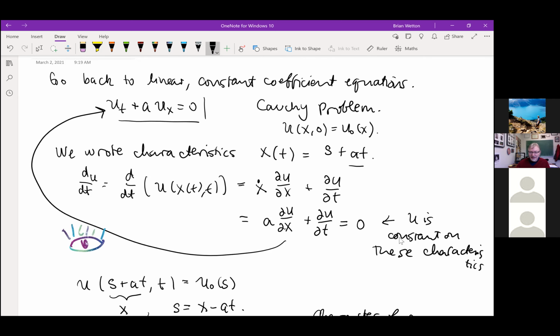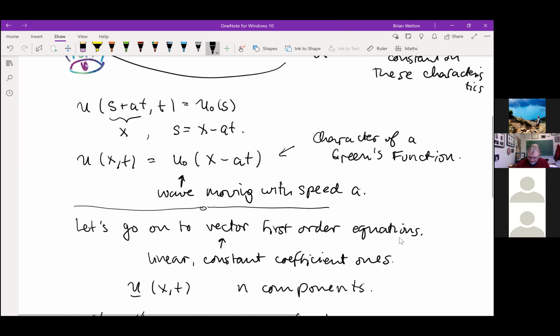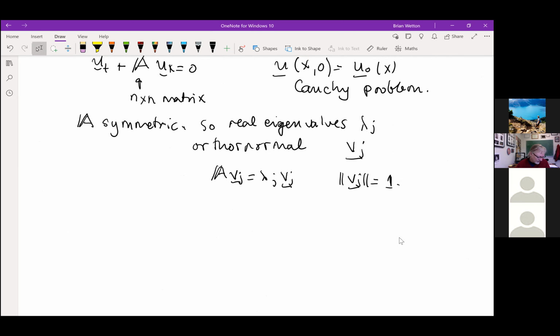So I'm going to get a bunch of different components of the solution. Different eigen components are going to move in this simple constant coefficient linear way with speed lambda_j. Let me show you the algebra that leads to that.